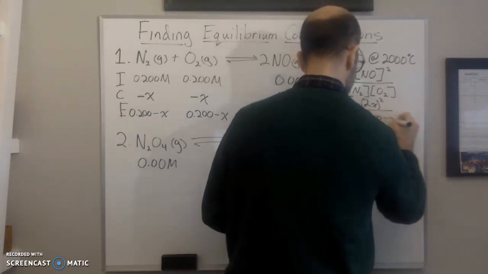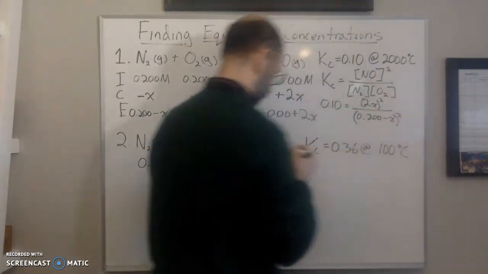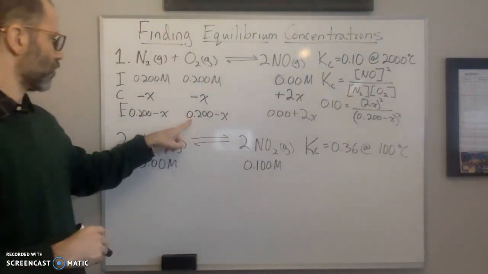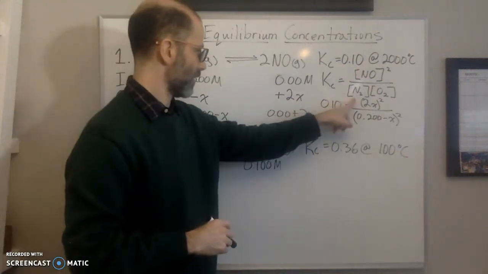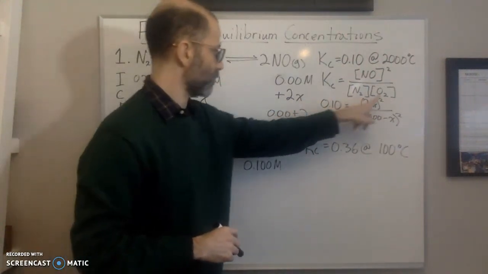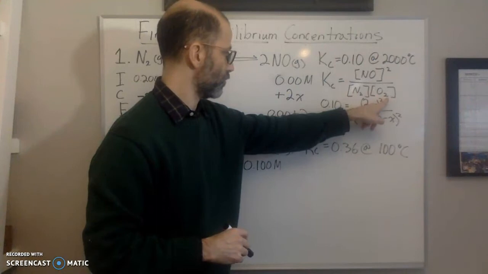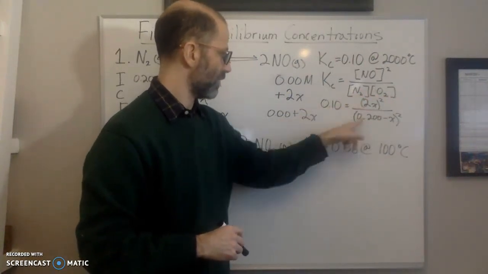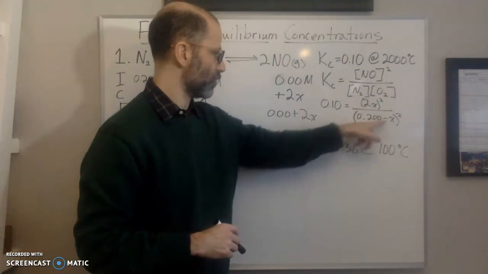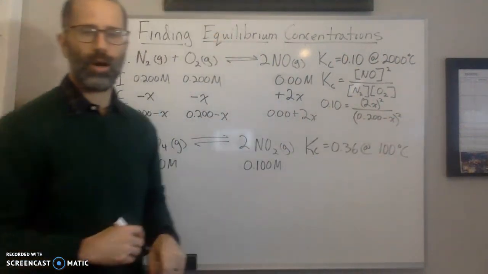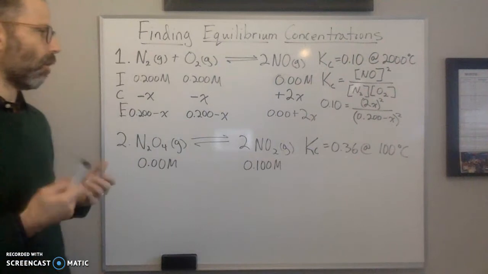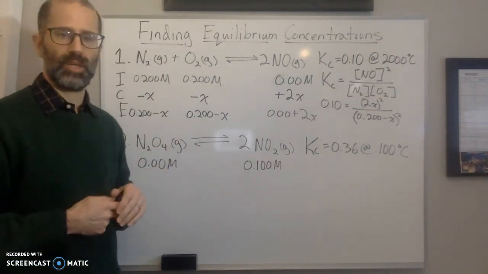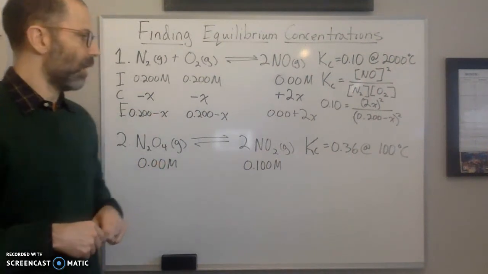And so I get 0.200 minus x squared. And that's because I am plugging these in. So 0.200 minus x for here times 0.200 minus x for here. Those together multiplied is the same as 0.200 minus x squared. Okay, so I have it set up. Now all I need to do is solve for x. And for this one, it's going to be simple algebra.